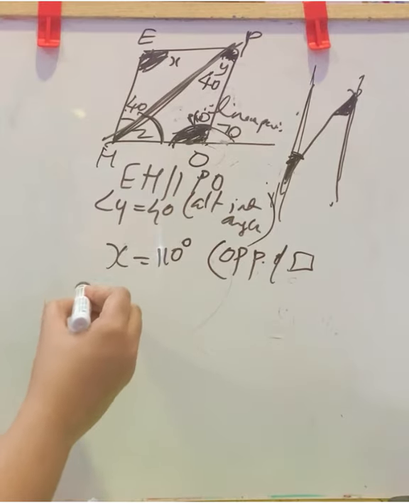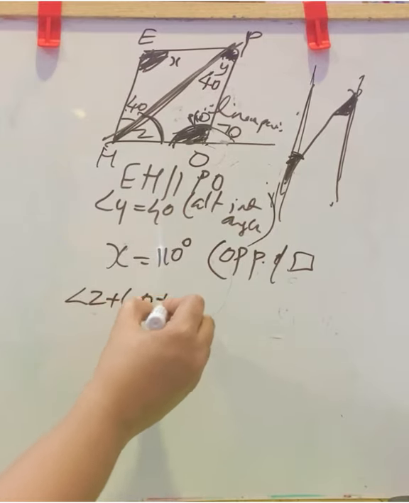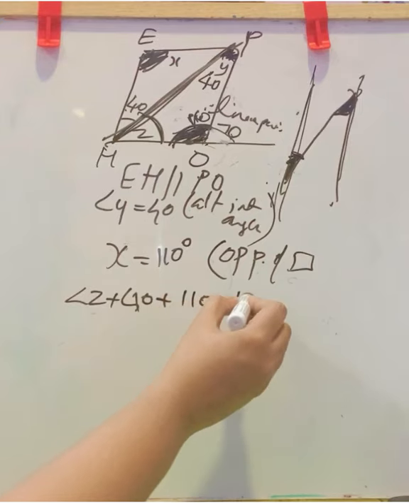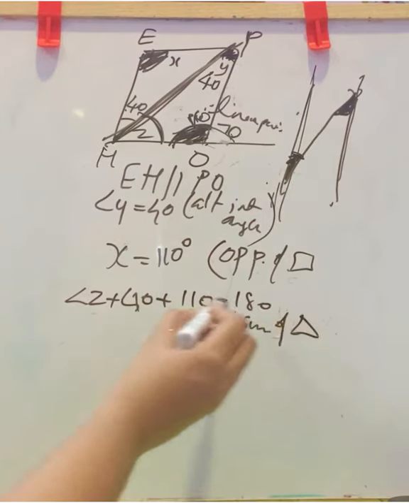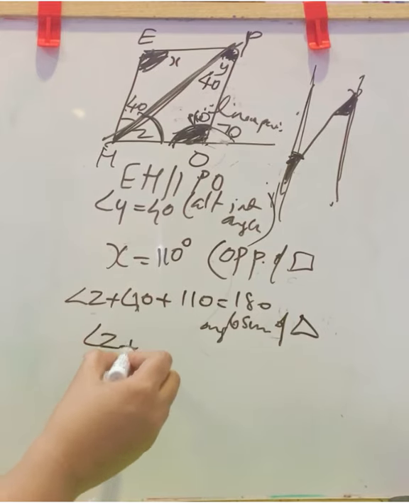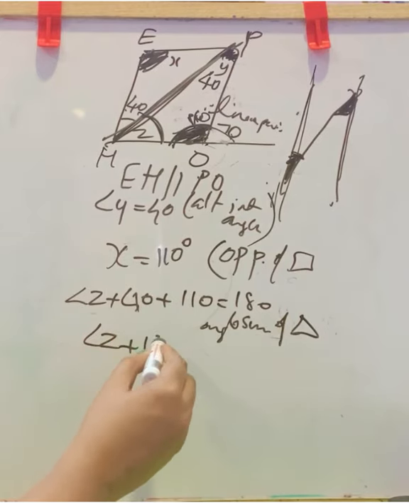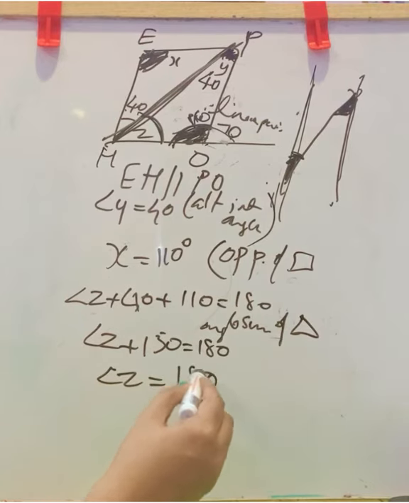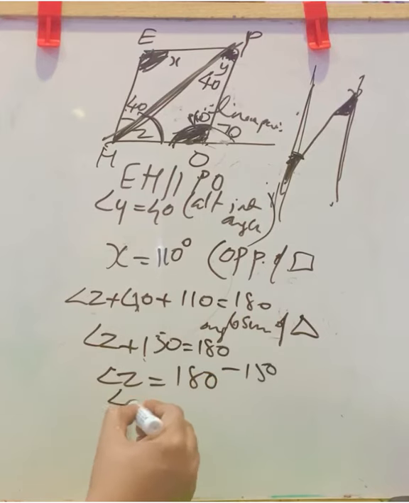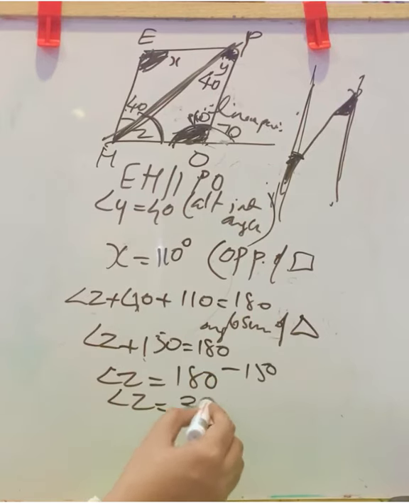Angle z plus 40 plus 110 is 180, angle sum of a triangle. So angle z plus 150 equal to 180. Angle z equal to 180 minus 150, taking this 150 to the RHS. Angle z equal to 30 degrees.